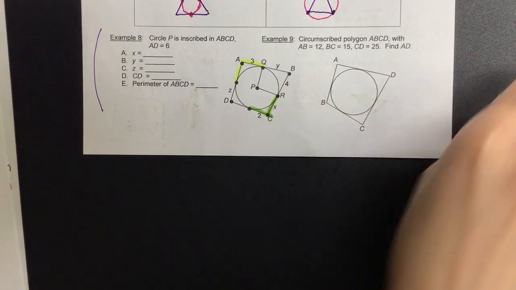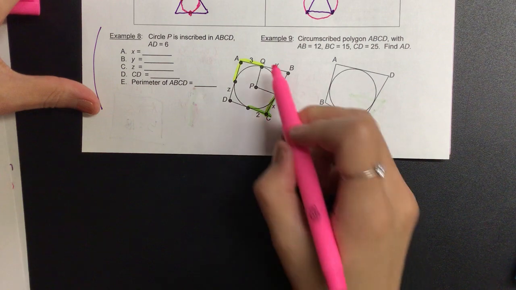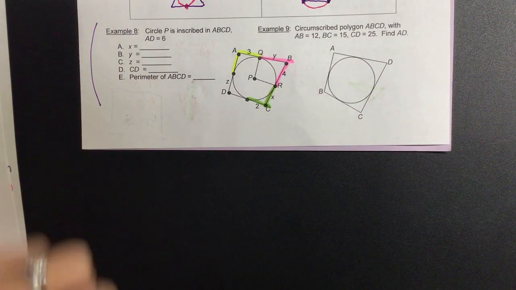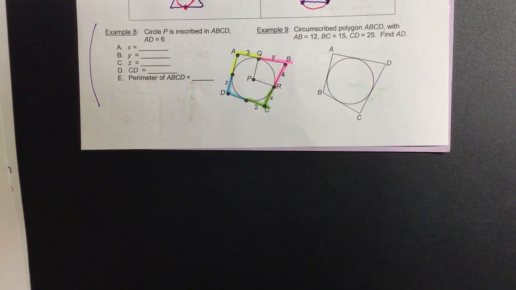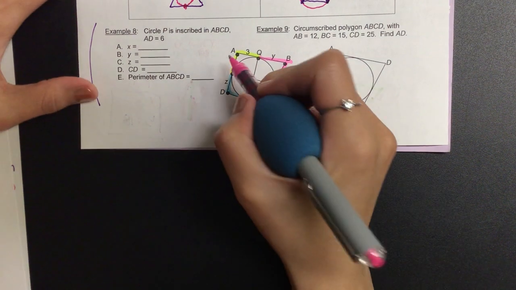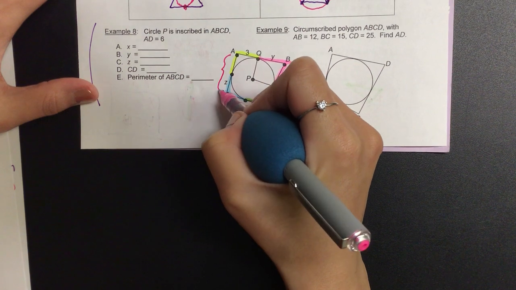How do you know? Those are equal. So it's a parallelogram. It's not a parallelogram. It is a quadrilateral. It's given AD is 6.